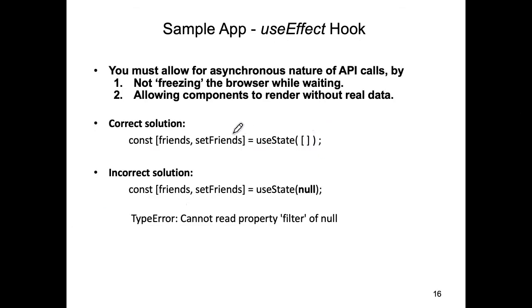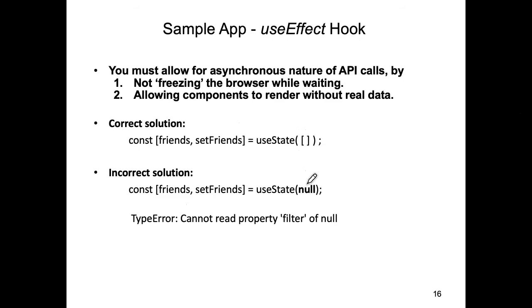And so what it means in this case anyway is that you've got to make sure that you initialize the state variable that's storing the full list of friends sensibly. And sensibly in this case would be to initialize it to an empty array. If I initialize it to null, then that's actually going to cause my application to crash.